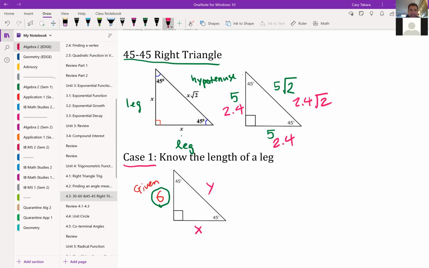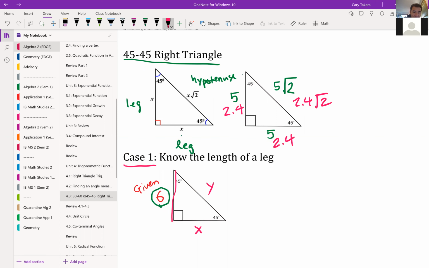So if 6 is given, can you figure out what x and y are? Well, what do you think x is going to be? You don't have to type, you don't have to unmute, just say out loud, just as though you're talking to me. x will be 6, right?